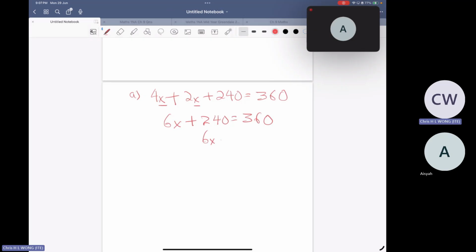6x equals 360 minus 240. 6x equals how many? 120 degree. So what is x? x equals, cross multiply, 120 divided by 6 gives you 20.